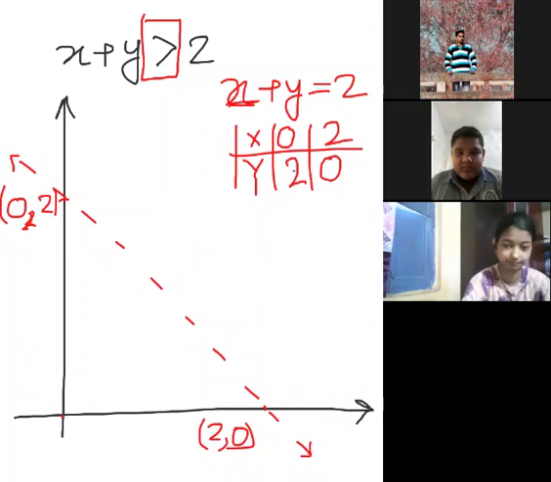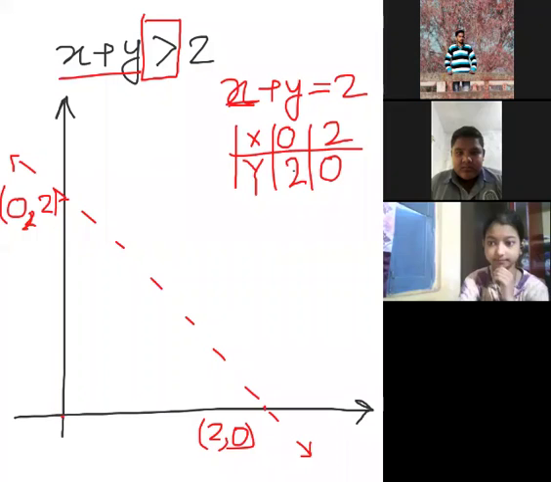For more than 2, where will the graph be going? We are going to see this situation. We are taking a test point. The test point must be a point which is not on this line.